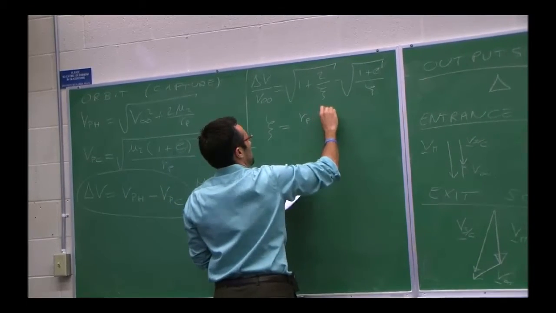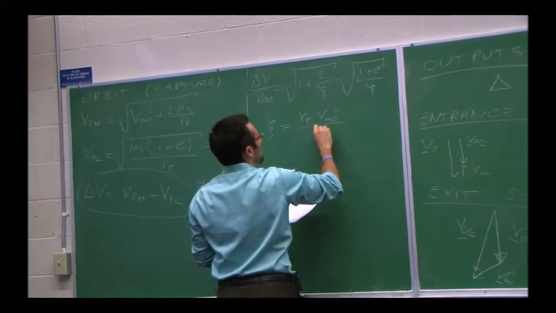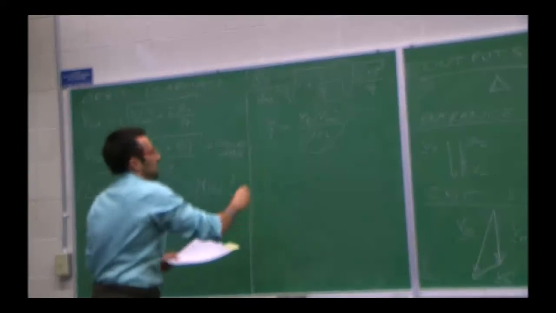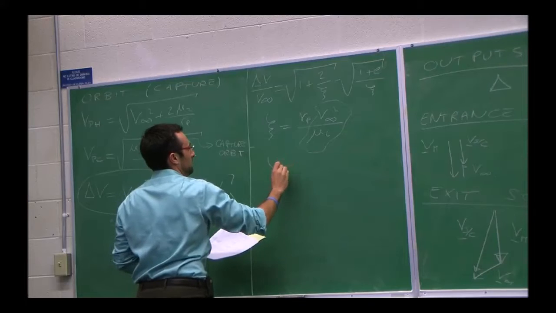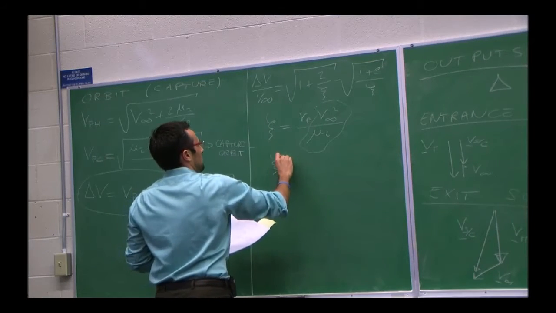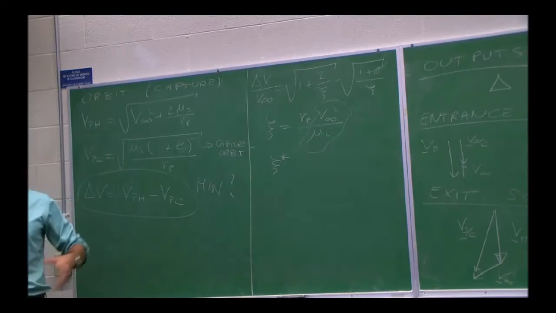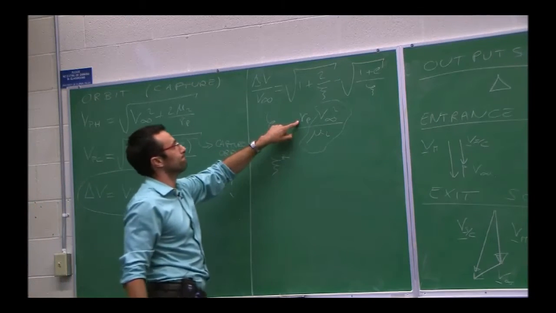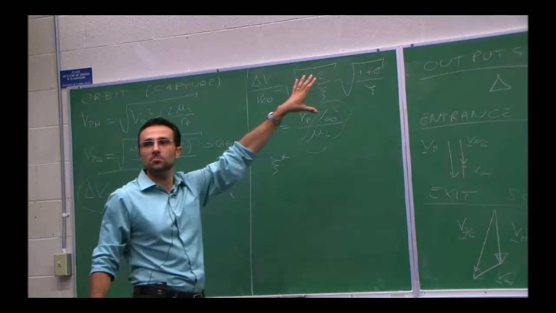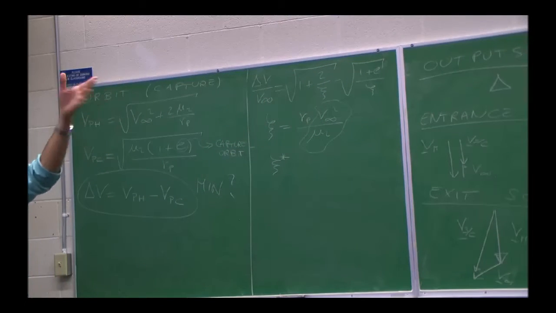It's Rp V infinity squared over mu. So these things are given. You can't change them. You want to find what is the, this letter is getting worse and worse every time, right? The epsilon star. What is the right Rp that is going to minimize this function of epsilon? I have the steps to do it, but let's forget about this.